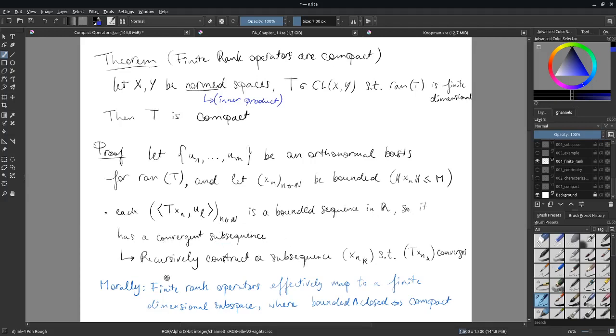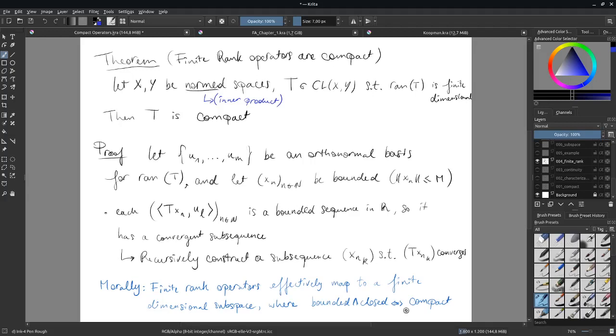So what we can do is essentially recursively construct a subsequence x_{n_k} such that T x_{n_k} converges. We do that for each l, so for a finite number of steps, because we first construct a sequence such that the inner product of T x_n with u_1 is convergent, and then out of that one we can extract a subsequence convergent for u_2, etc. Morally, what this means is that finite rank operators effectively map to a finite dimensional subspace where bounded and closed is equivalent to compact.